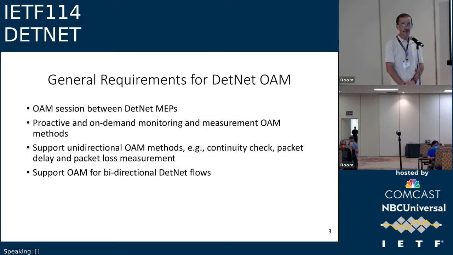So in addition to supporting unidirectional OAM methods, such as continuity check and packet delay and loss measurement, in some cases for the DETNET, there is interest to support the bidirectional flows. Next slide, please.